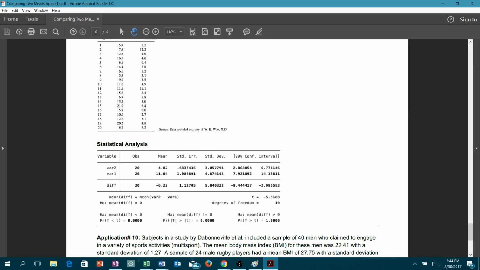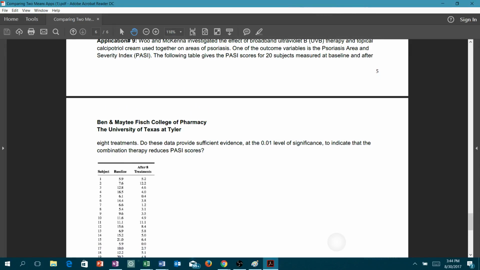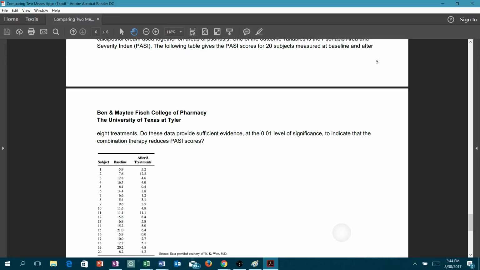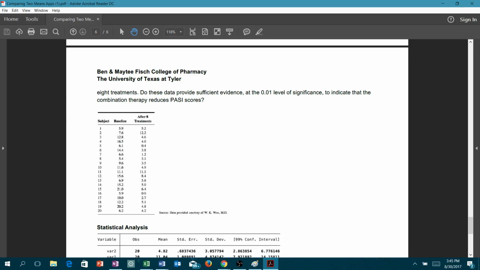Okay, so number 10. Pale. But they said independent. What did you say it was? Independent, unpaired. Because you have unpaired?